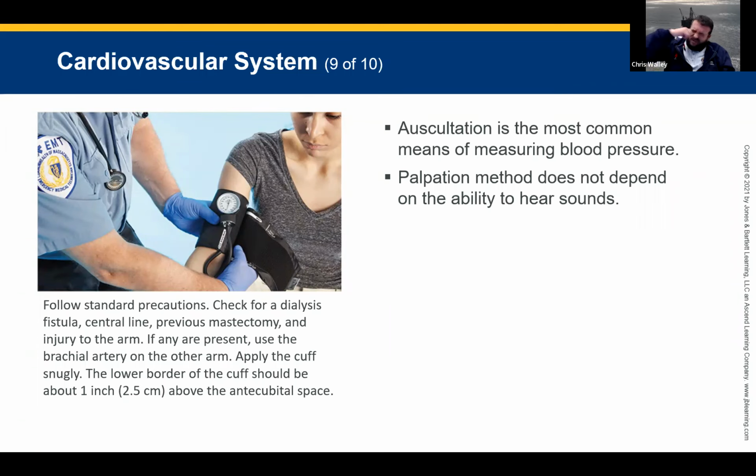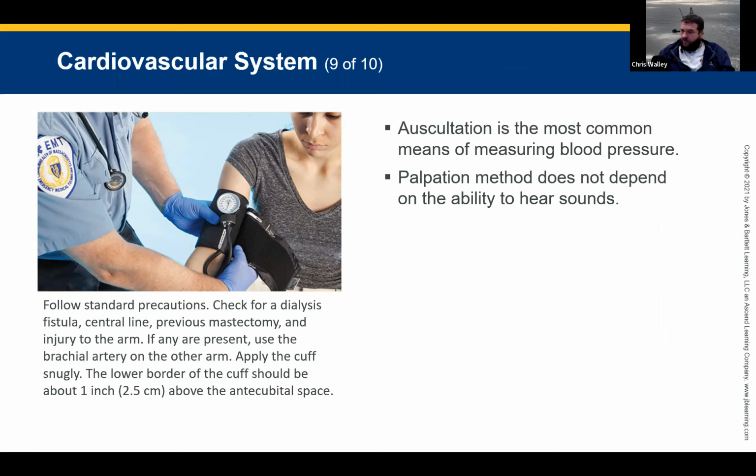Ours on our monitor is blue and maroon. The maroons are for big boys. We had to order one because we got some boys out here. Once you put it on there, your stethoscope goes right underneath this line, against the skin underneath the cuff.